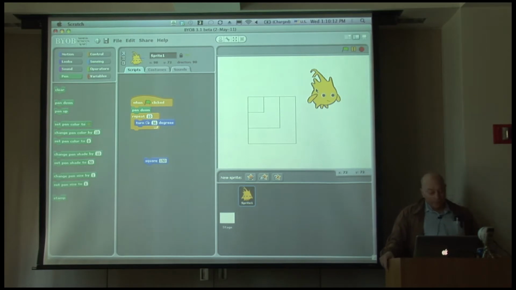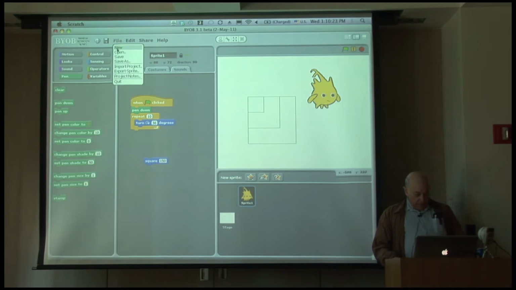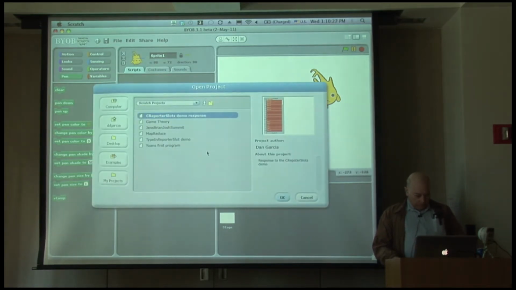Okay. From the forms here, I see that a lot of people are new to recursion. So I'm going to start at the very, very beginning. And the very beginning is, I'm going to open, not save the current project, examples.